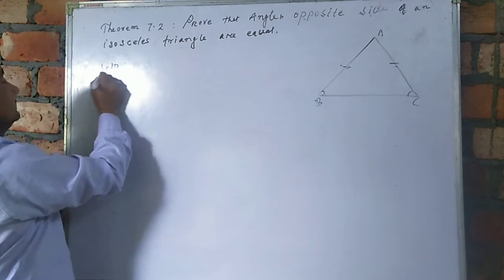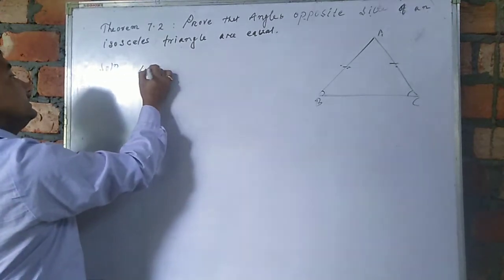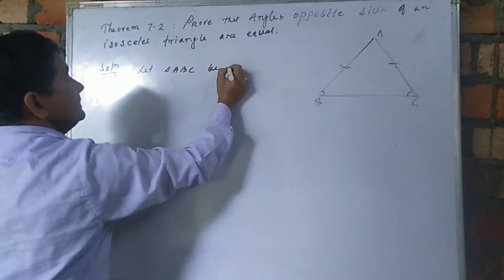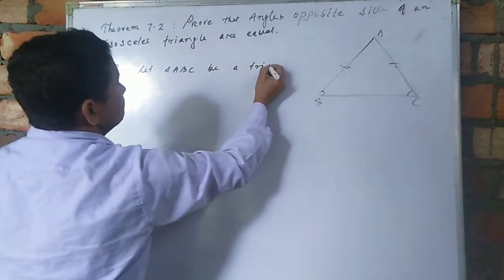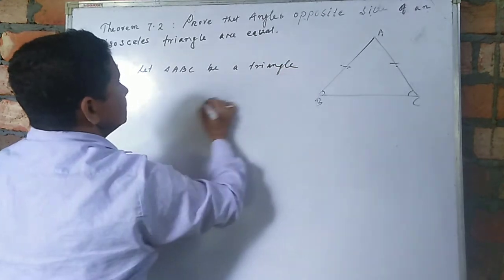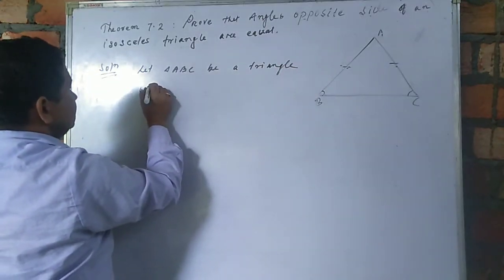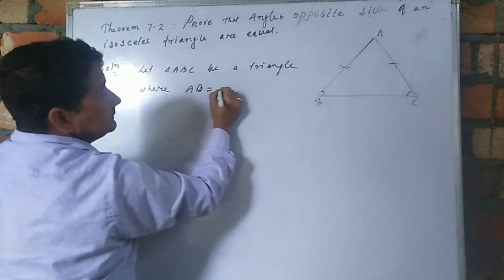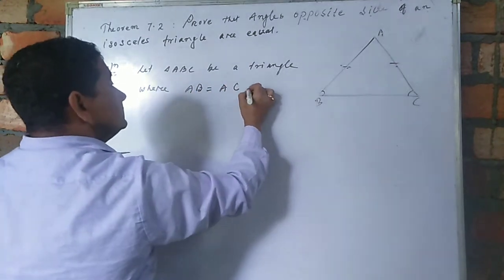Solution: Let triangle ABC be a triangle where AB is equal to AC.